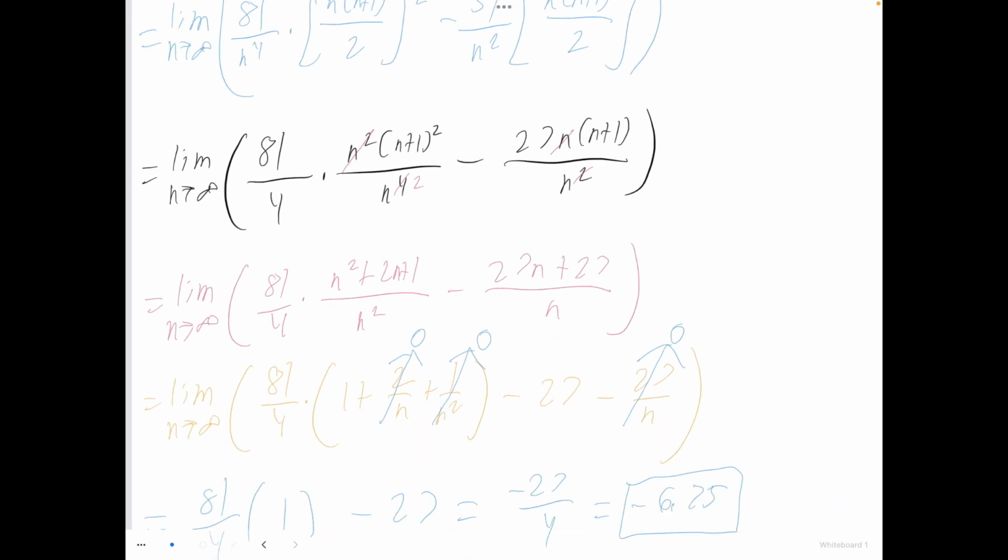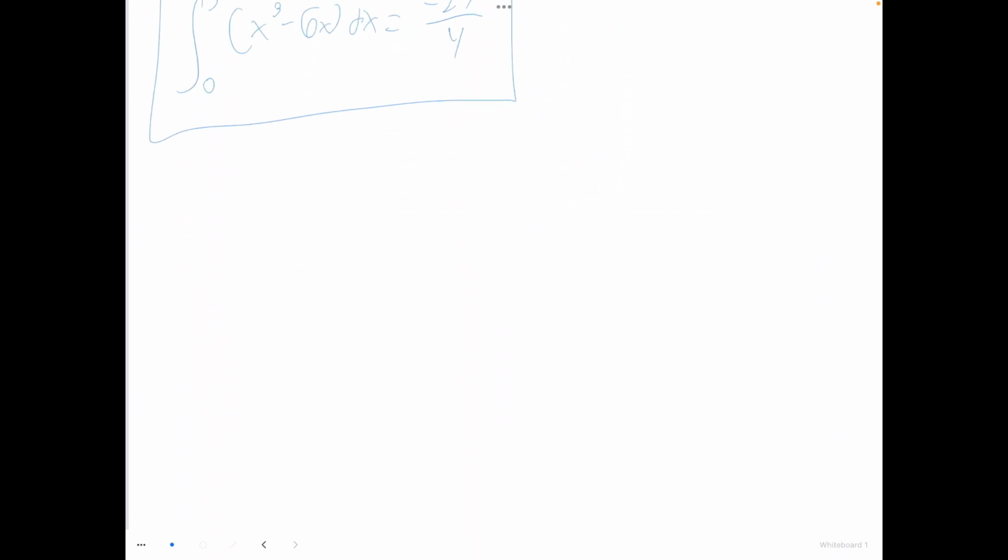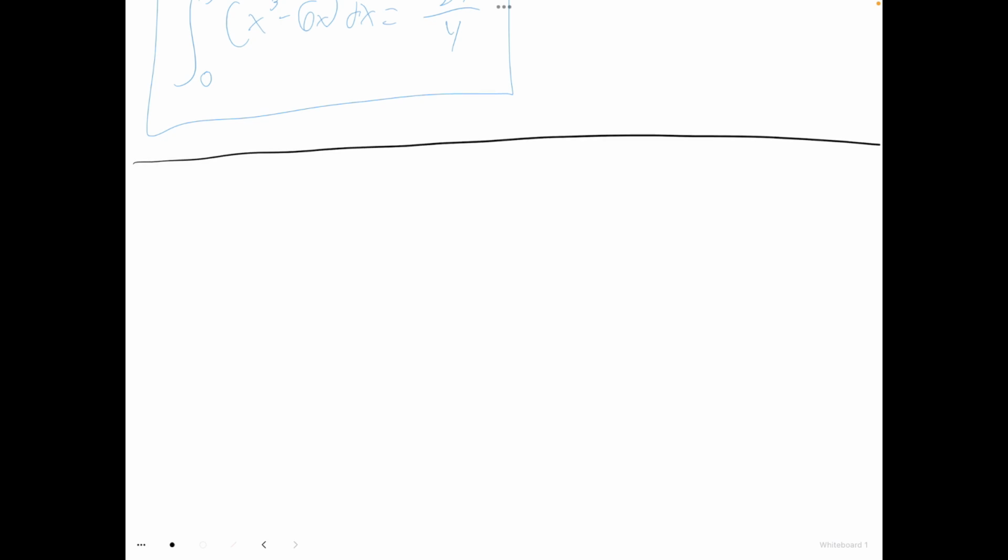Okay, so we're now going to do one more example of converting a sum into an integral. Just trying to be able to be fluent in going back and forth between the two. So we've done examples of converting integrals into sums. Now we're going to go the other way.